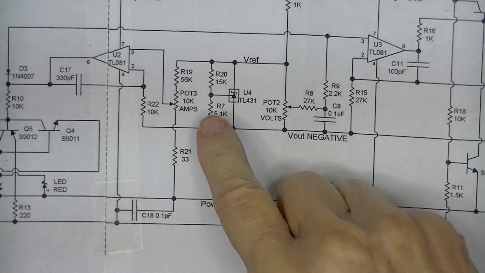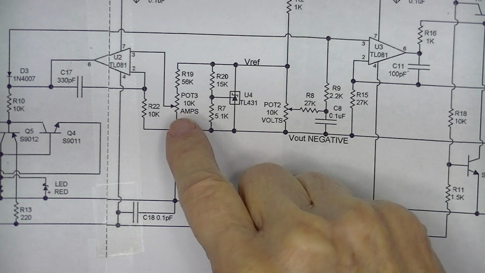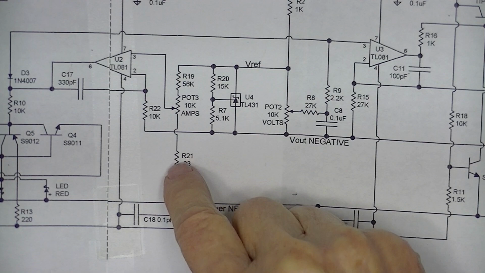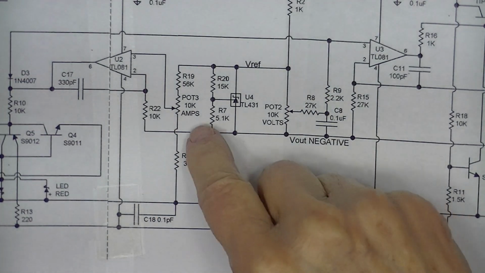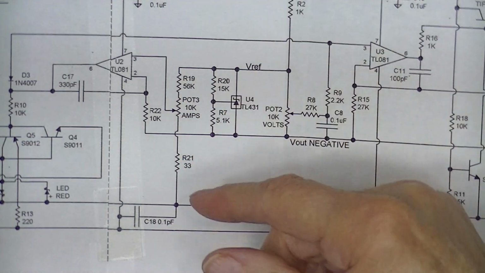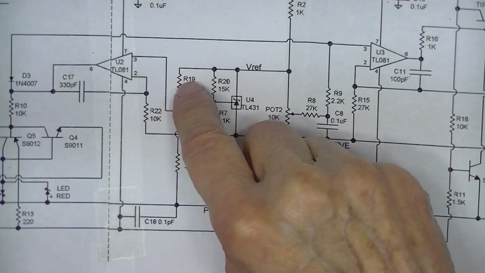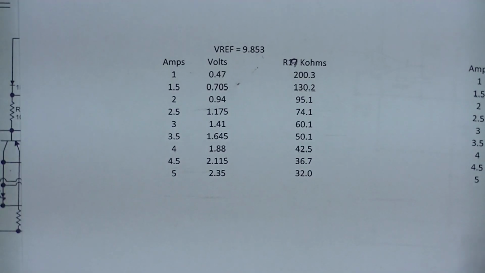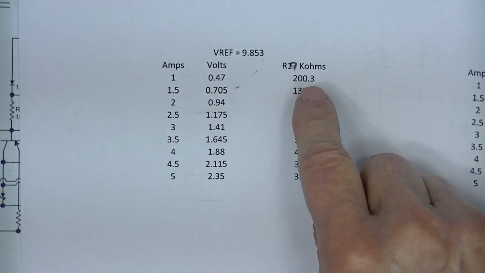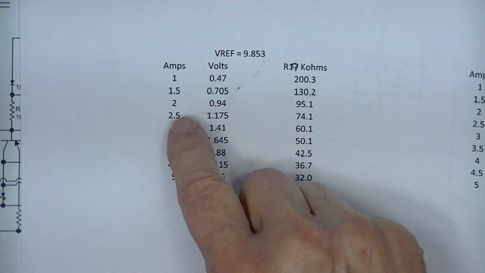In part 2 of this series, I talked about adjusting R19 to give a maximum range of current from very, very little current, a couple of milliamps, up to a maximum of 1 amp, 3 amps, 5 amps. And I showed how to calculate R19. I put the calculation into a spreadsheet, and R19 needs to be like 200K for 0 to 1 amp output, and so on.